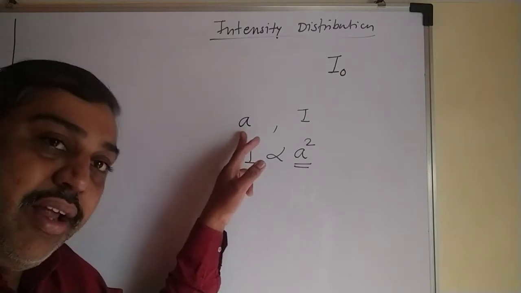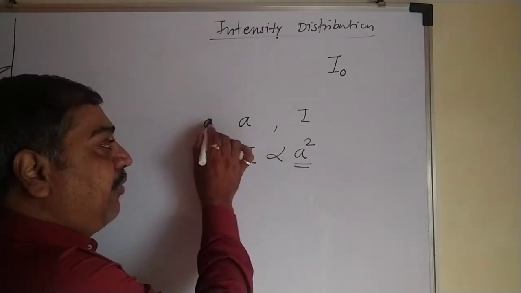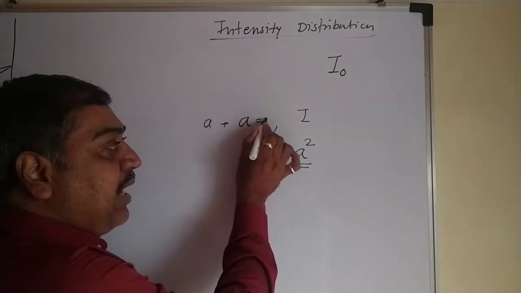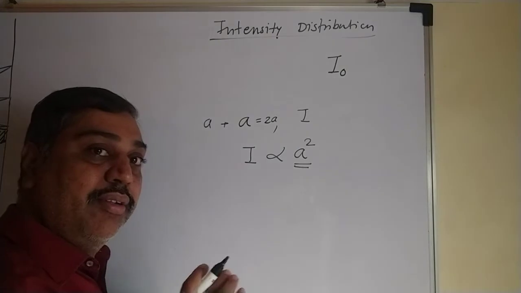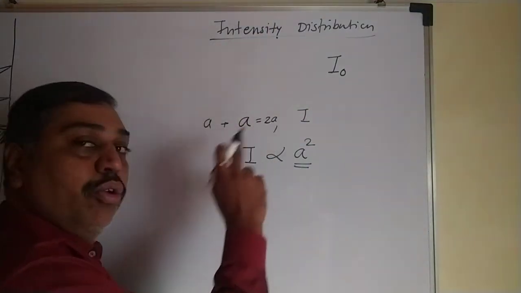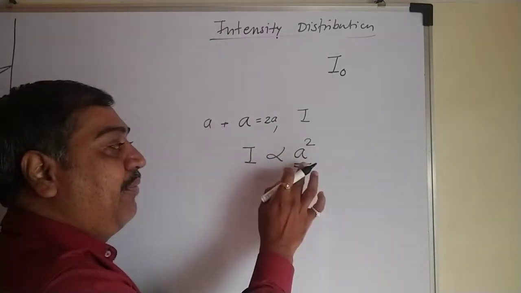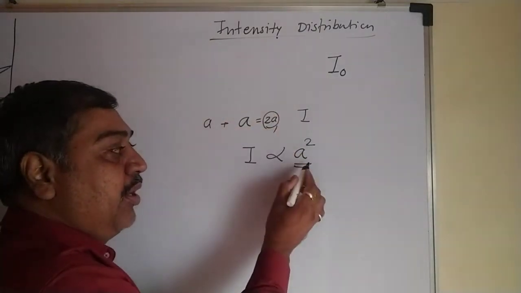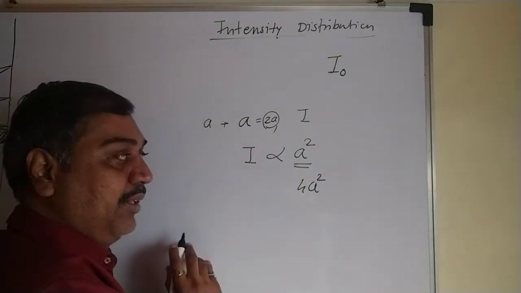Suppose it is A for the first wave and A for the second wave, the resultant amplitude becomes 2A. After constructive interference, the resultant intensity is increased. If you take 2A as the resultant amplitude, its square comes to be 4A square. Is it clear?